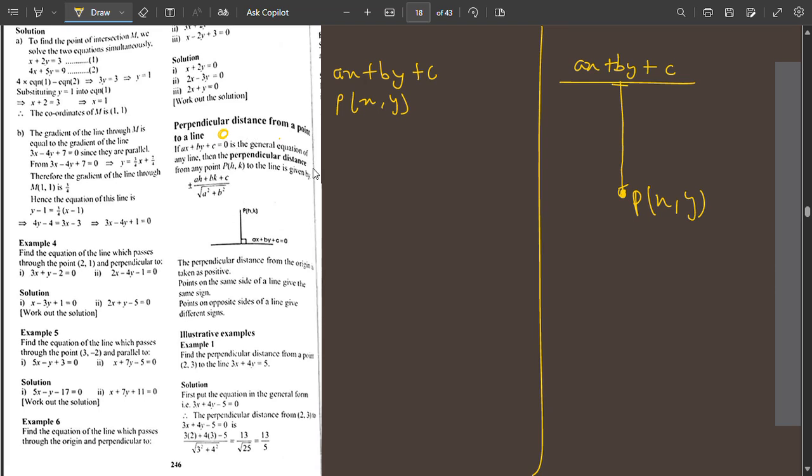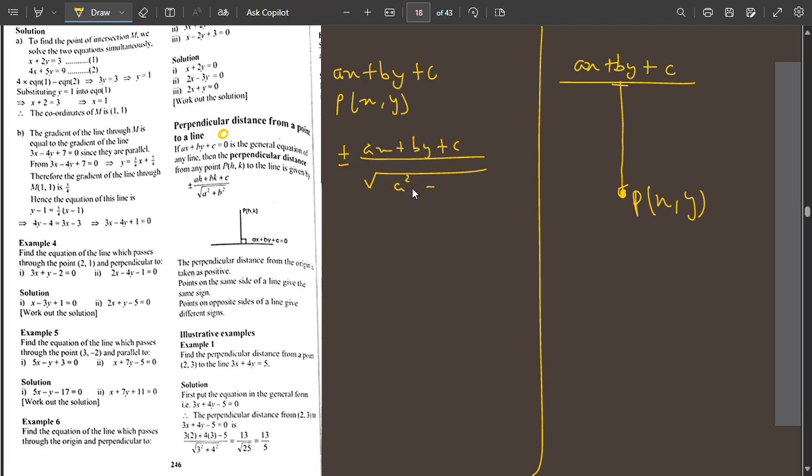So the formula for perpendicular distance is plus or minus ax plus by plus c over square root of a squared plus b squared. This is very simple to memorize, because it's just the equation itself divided by the square root of the coefficient of x squared plus the coefficient of y also squared.